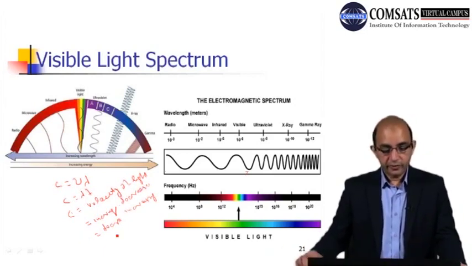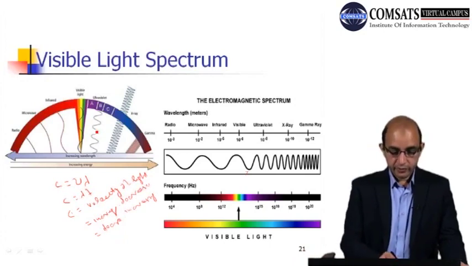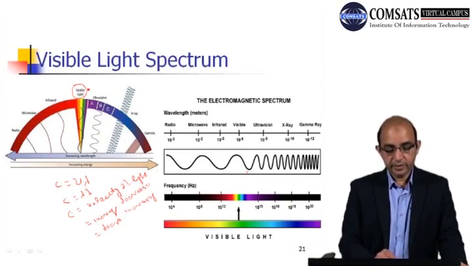So here we have the visible light spectrum. You can see that we have radio wave, microwave, infrared, and this is the visible spectrum, which can be seen by the human eye. That is the light.